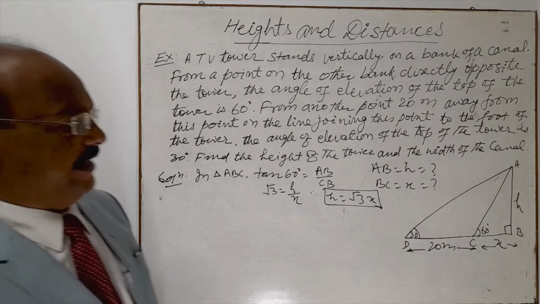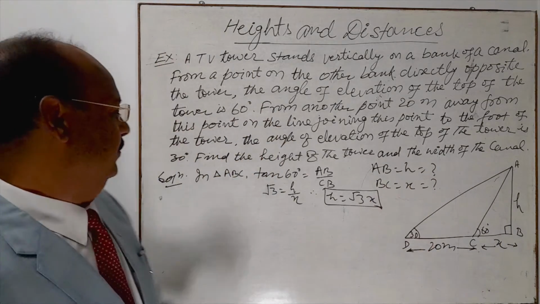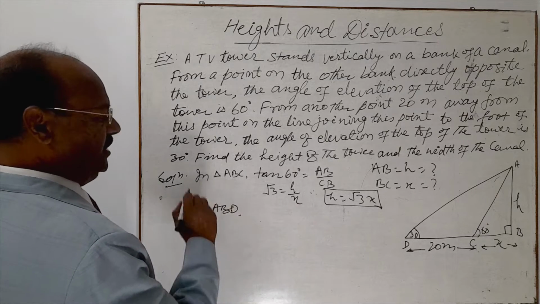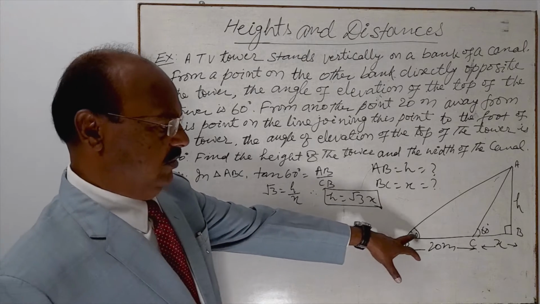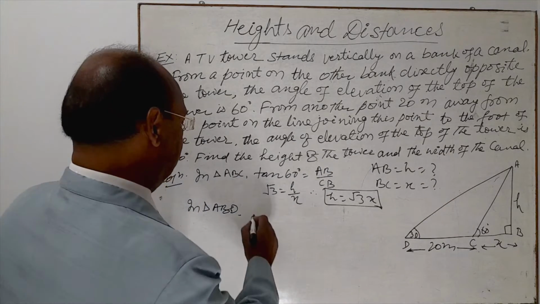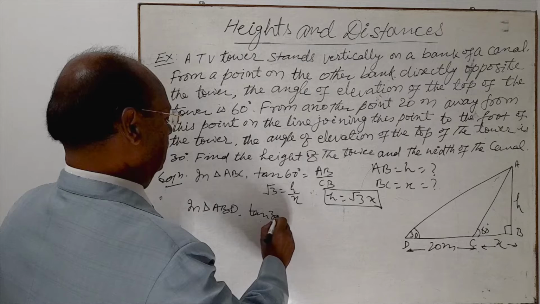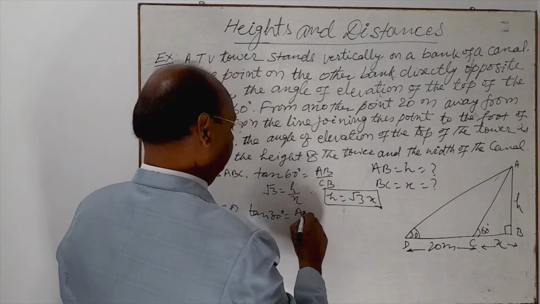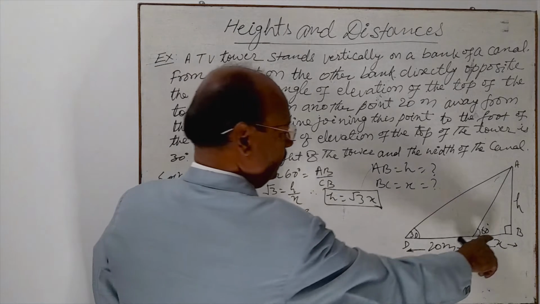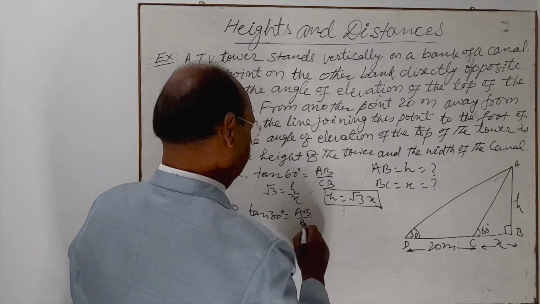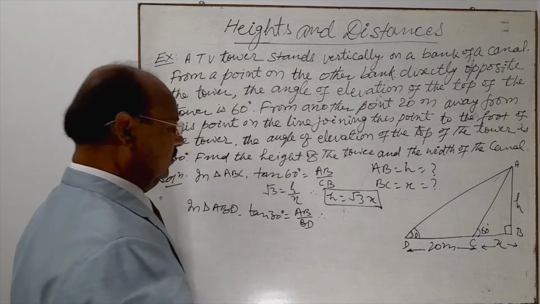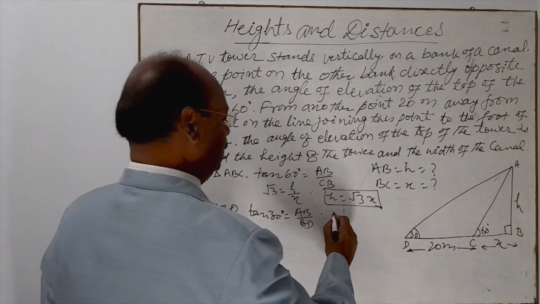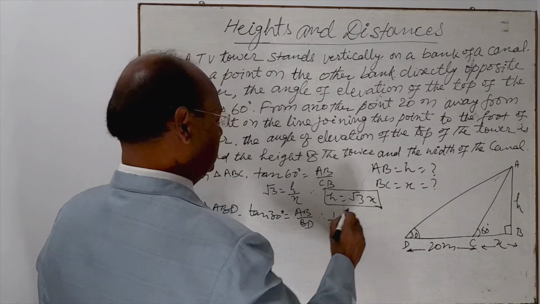Now we will take another right angle triangle ABD. Now in triangle ABD, again we will take tan of this angle, means tan of 30 degree. So tan of 30 degree is equal to perpendicular means AB upon base means BD. And therefore, you know, tan 30 is 1 by root 3. So 1 by root 3 is equal to AB.